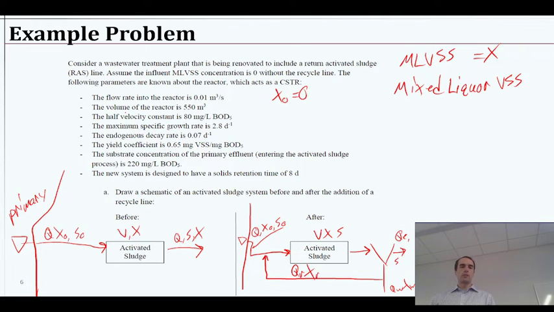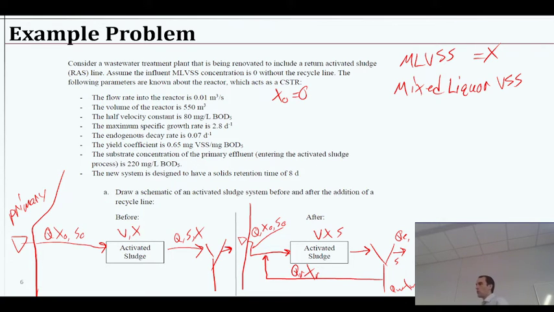But once you get to the activated sludge system, that really comprises the aeration tank, what's coming into it, and what's going out of it. In the case of a recycle line, you have to have a clarifier to condense the sludge and recycle some of it. If you don't have that, maybe you would have a clarifier, you're just not recycling. So you could draw a clarifier here without a recycle, that would be fine.